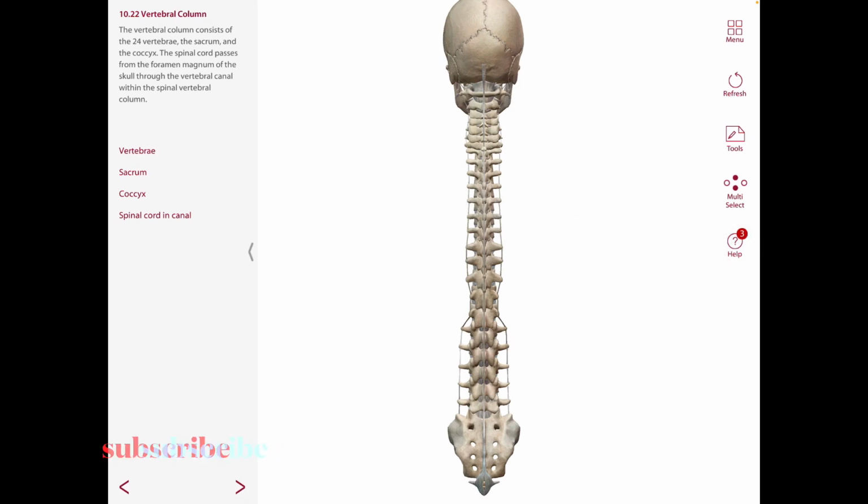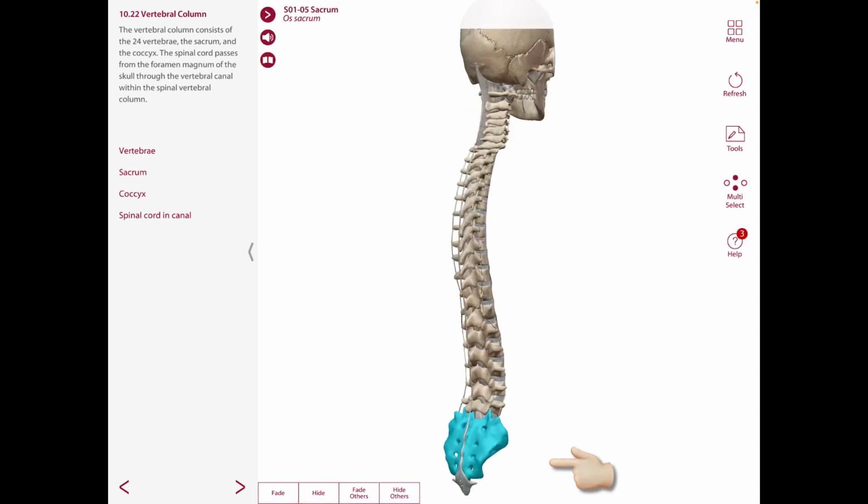In the upper 3 regions, there's going to be movement. So when we say upper 3 regions, we mean the cervical, thoracic, and lumbar. And then in the lower 2 regions, there's no movement. When we talk about lower regions, we talk about the sacrum and the coccyx.